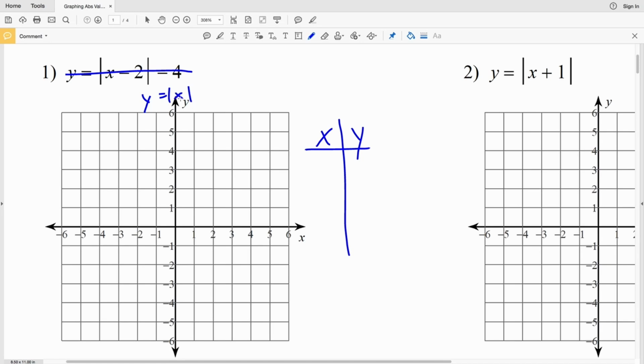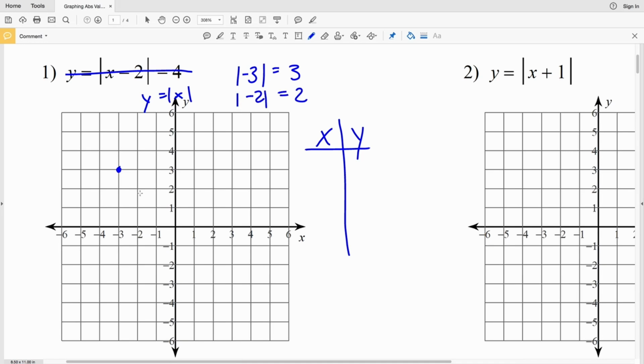So when y equals the absolute value of x, if you have negative 3, the absolute value of negative 3 is equal to a positive 3, so negative 3 in the x direction, positive 3 in the y direction. Same with negative 2, it's going to be a positive 2.